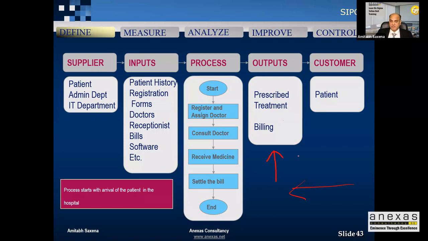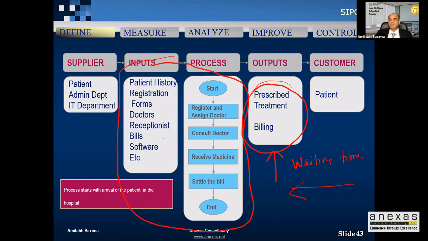One of the measures in the outputs is having an issue. What is that measure? Waiting time. Waiting time is an issue. And I would like to reduce the waiting time. And this waiting time is high because of the inputs and processes.